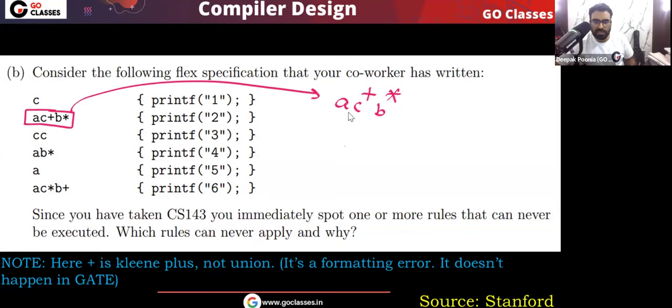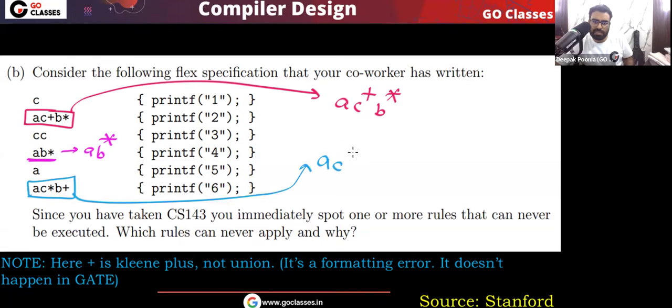This is not an or, it is basically C plus. This is A B star, that you already know. And one more thing, it is basically A C star B plus. So this is just a formatting error. Don't worry, this type of formatting error will not happen in the GATE exam. So you can see.